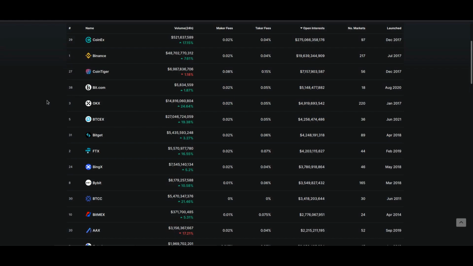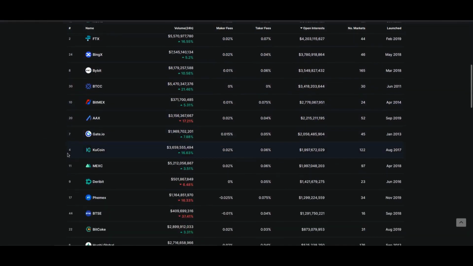So filters should be applied by open interest, not by volume. By volume, Deribit is in the 20 plus position. By open interest, it is in 17th or 16th position.